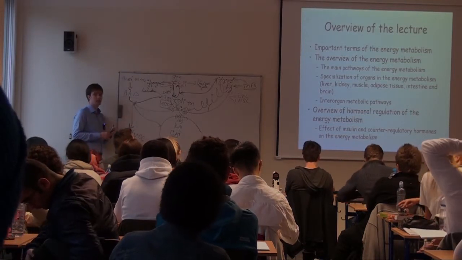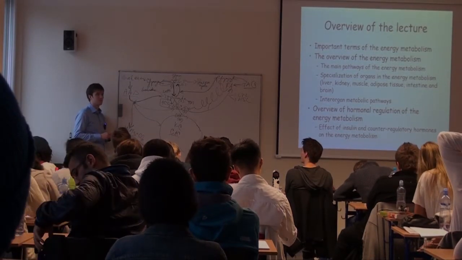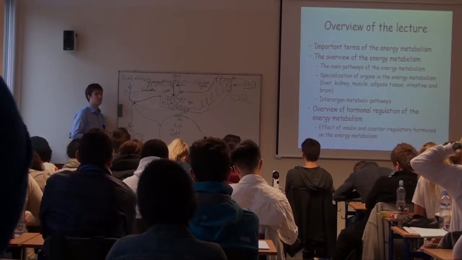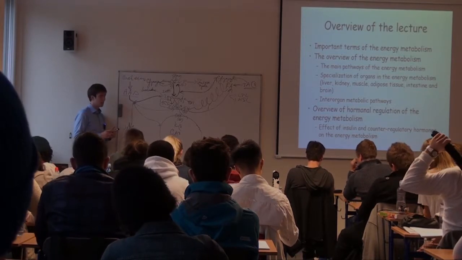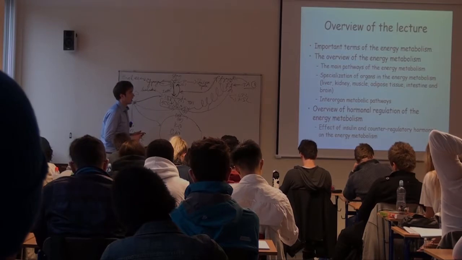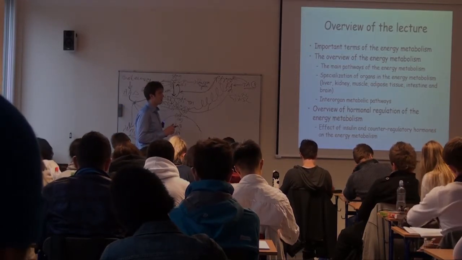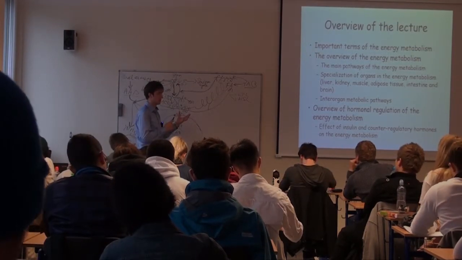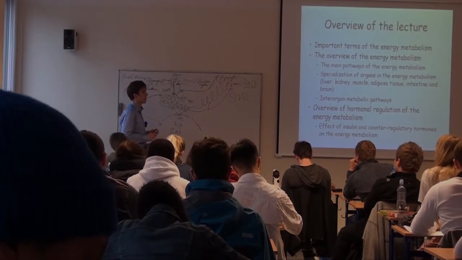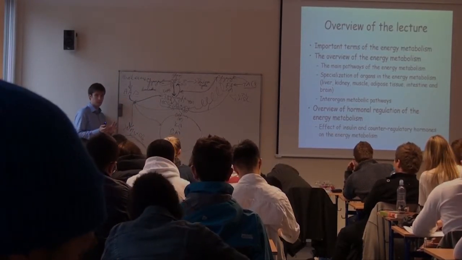So why do we need the intestine? To digest and to absorb nutrients. Yes? But it was discovered that in the enterocyte, that's the cell of the intestine, the nutrients are transformed. Yes?